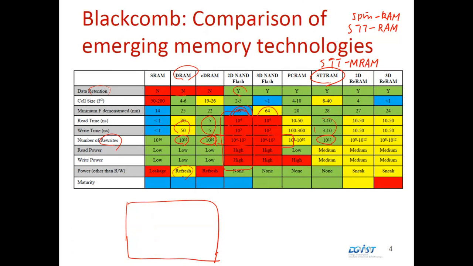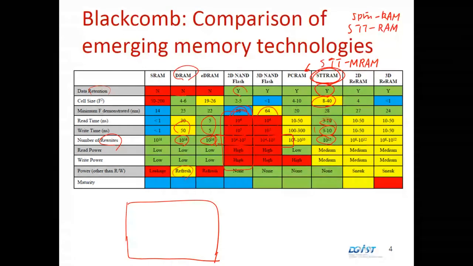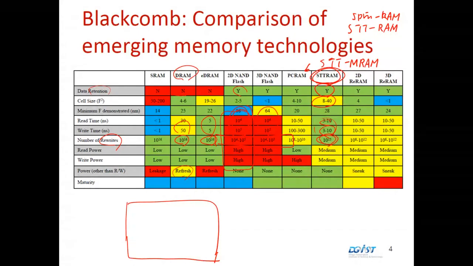Okay, and let's focus on STT-MRAM. Yeah, it is non-volatile, and the cell size is a little bit larger compared to other ones. That's the one problem. And the read-write time is good enough, and it's almost infinitely rewritable. The read-write power is a little bit higher than other technologies, but still very small.